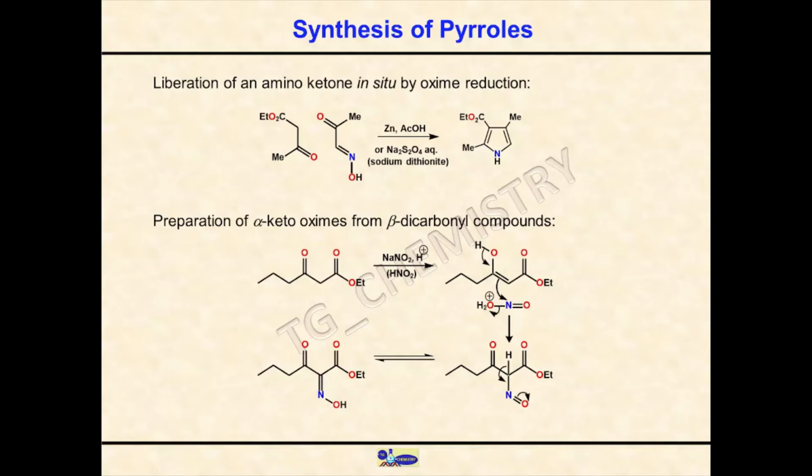Eventually the enol form of the beta dicarbonyl compounds will react with the HNO2, which is generated by means of reaction of NaNO2 and H+, and the nitrosation reaction followed by the oxime formation will lead to the final oxime, which is the protected form of the alpha amino ketone.